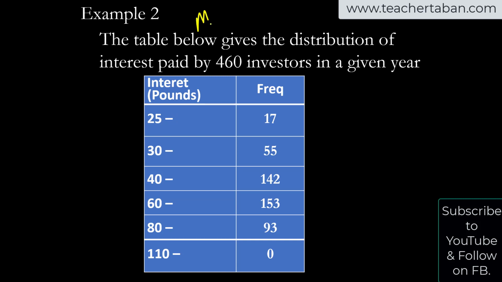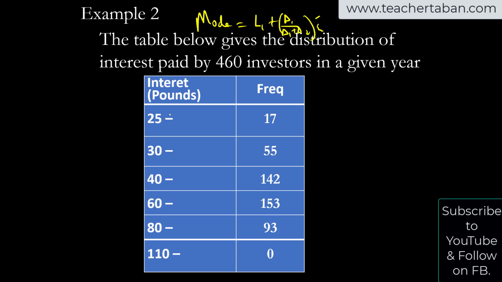So our mode is given by the formula L1 plus D1 over D1 plus D2 times the interval I. And remember that when you are given data or a frequency table where the classes have different widths, then when determining the modal class, we always use the frequency density.